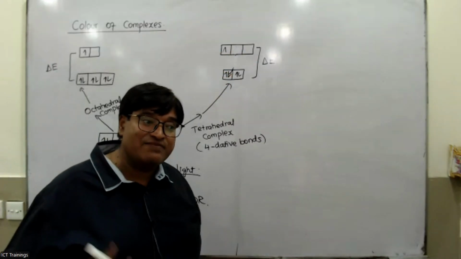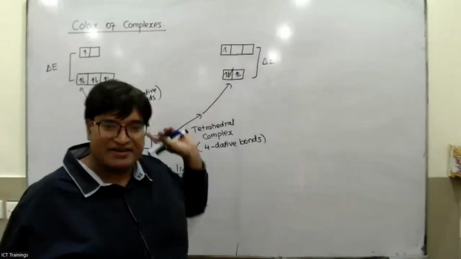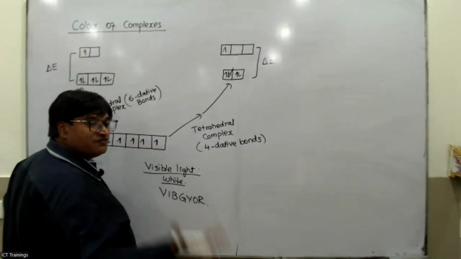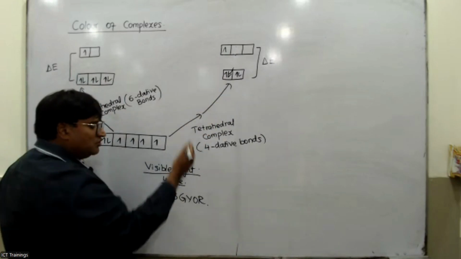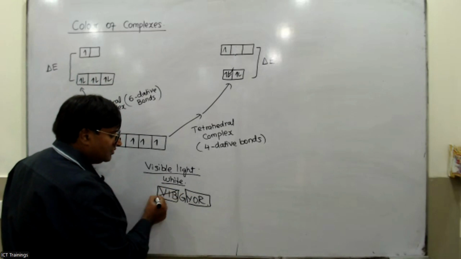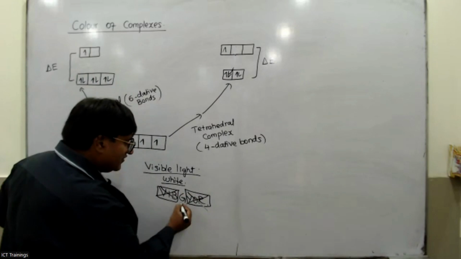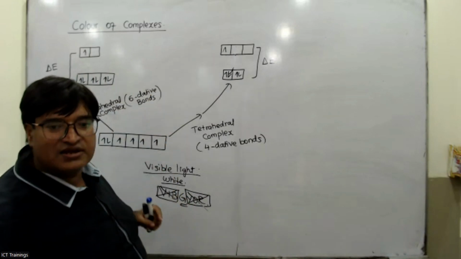So visible light is able to cause d-d transition, jumping of an electron from a low energy to a high energy d orbital. And due to absorbance of visible light, different colored complexes are formed. Let's suppose if it is ammonia, all these parts of the light are absorbed. The thing which is absorbed would finish. The thing which is not absorbed, green is not absorbed, so that complex would be of green color.